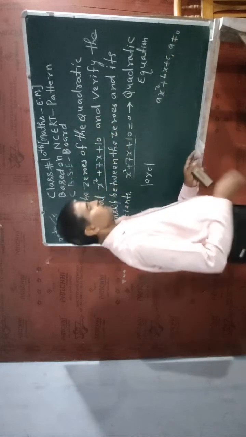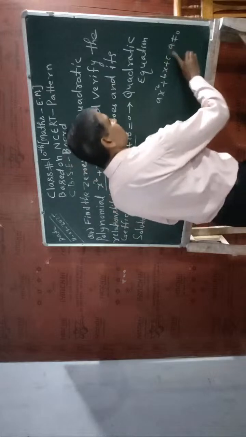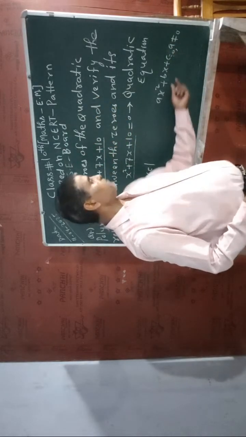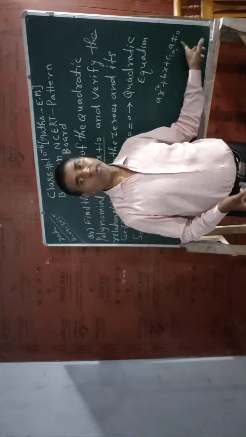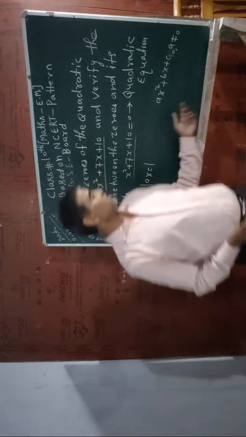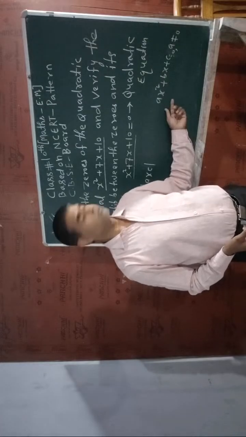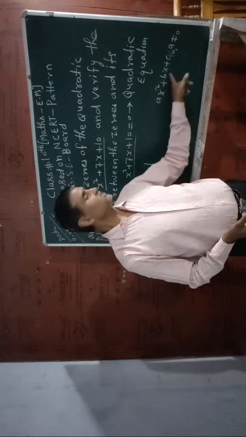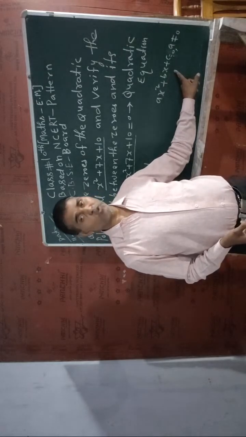It means that if the information is given like this, I will write ax square plus bx plus c is equal to 0, where a cannot be 0, because this is a quadratic equation. Because if this term a is 0, this term can be 0. So this will become a linear polynomial.